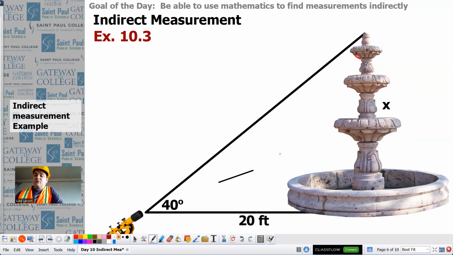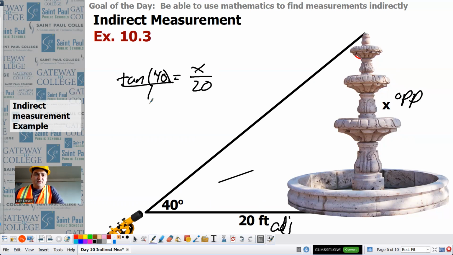All right, so we're looking for the opposite side. I know the adjacent side, and I know the angle of elevation is 40 degrees. So we have the tangent of 40 equals the opposite x over the adjacent 20.